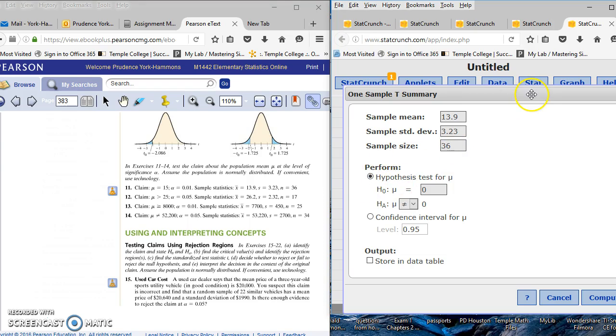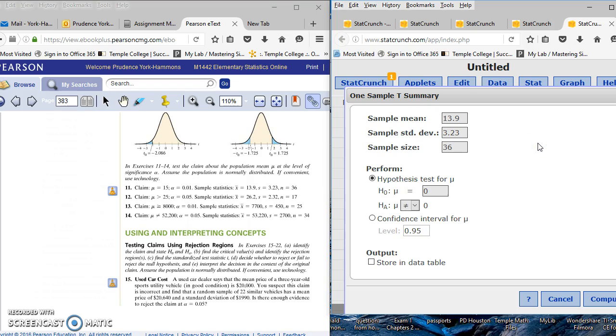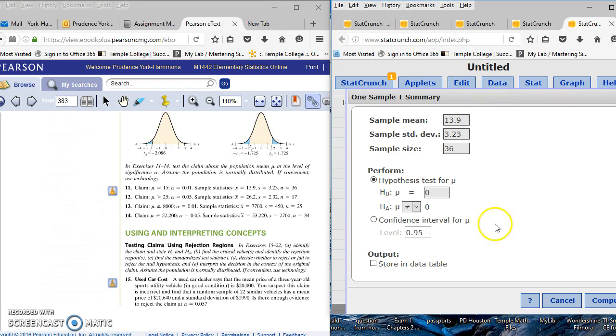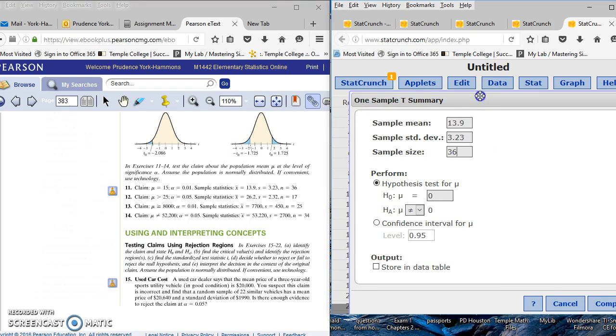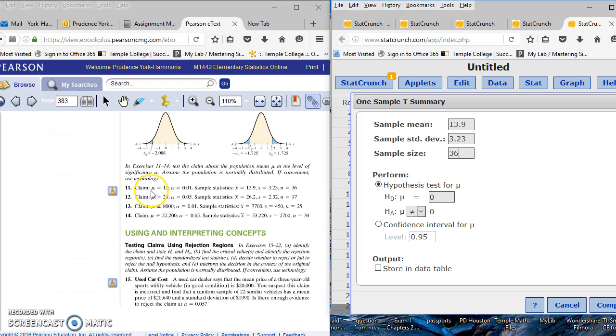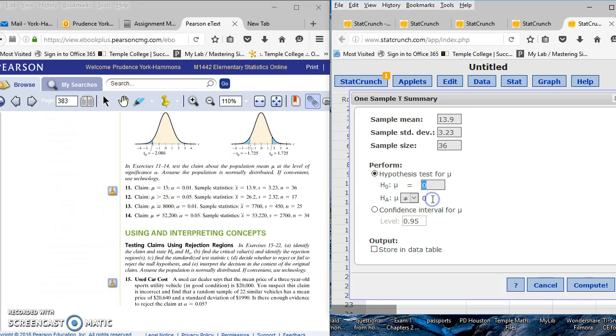Now, this is a hypothesis test. So we do need to see the actual, it said the claim was that mu was equal to 15, so we put equal to 15, and then I have to do the complement for H sub A, and the complement of equal would be not equal.